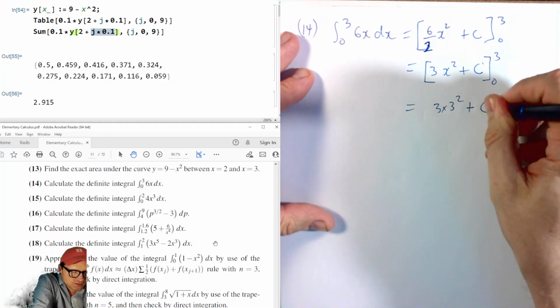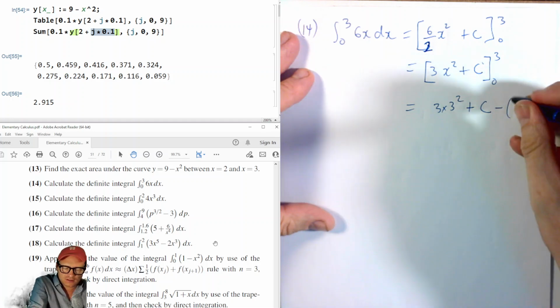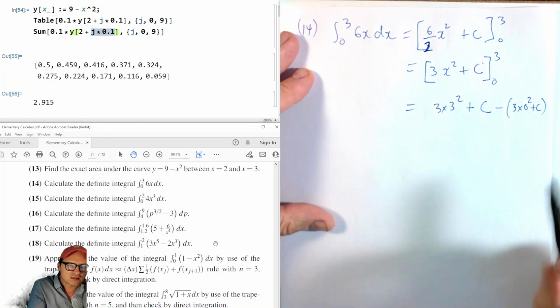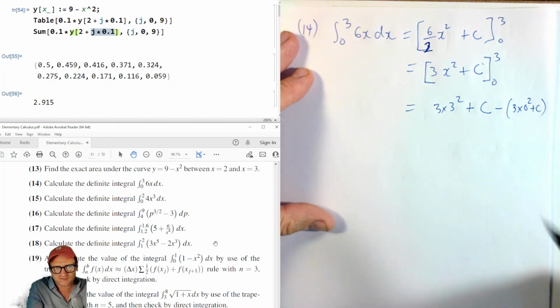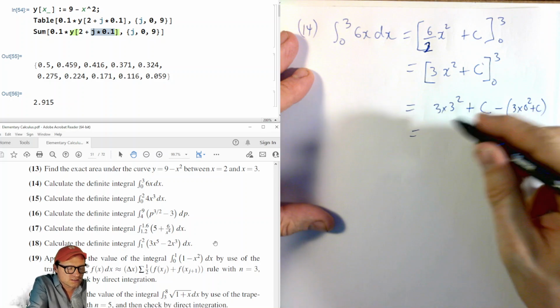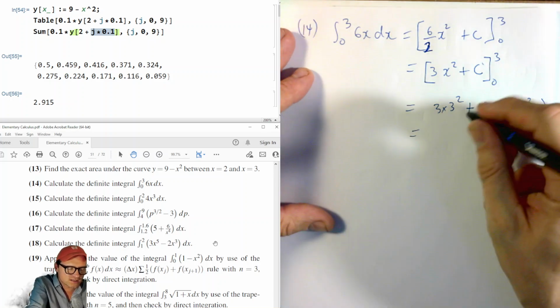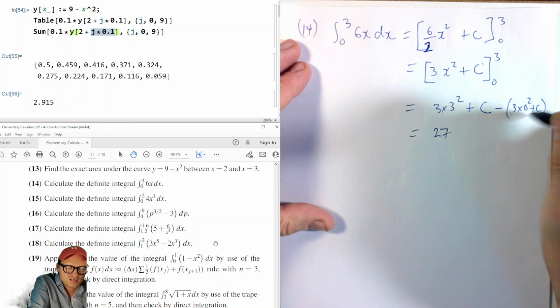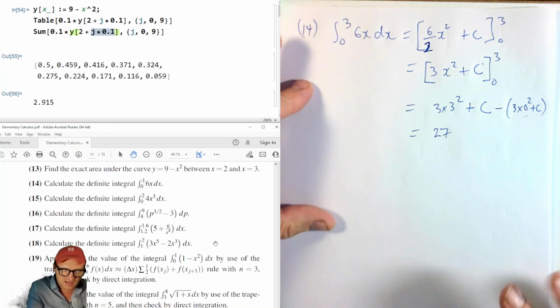I'll put it in here so you can see what happens. And then 3 times 0 squared, and then plus c. Now if we expand this, the c's vanish. So 3 times 3 squared is 3 cubed, which is 27. 3 times 0 squared is 0, and so we just have 27.